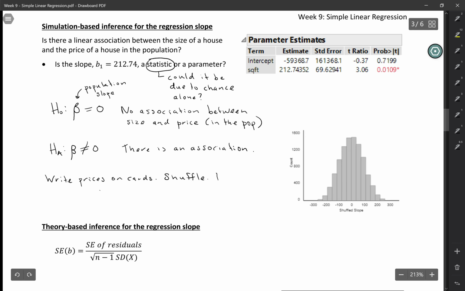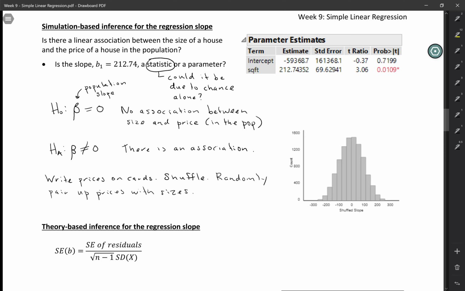So randomly pair up prices with sizes. Instead of dealing out into groups, which would represent a categorical explanatory variable, we're going to deal them out into the sizes that we have in our sample to represent the quantitative explanatory variable.